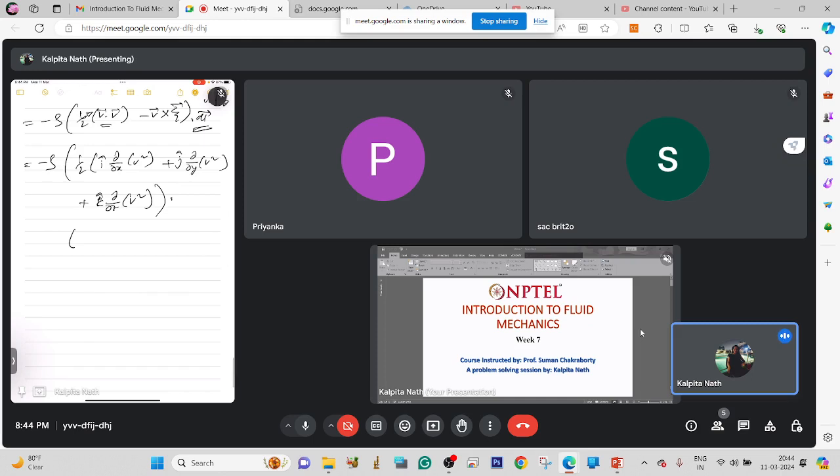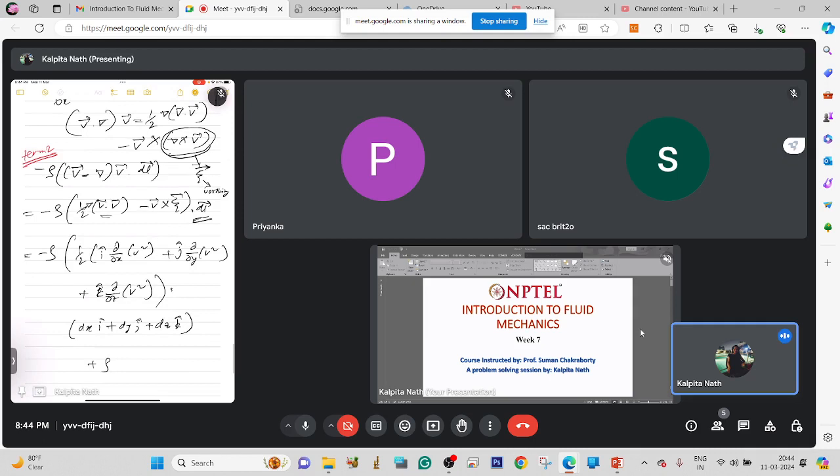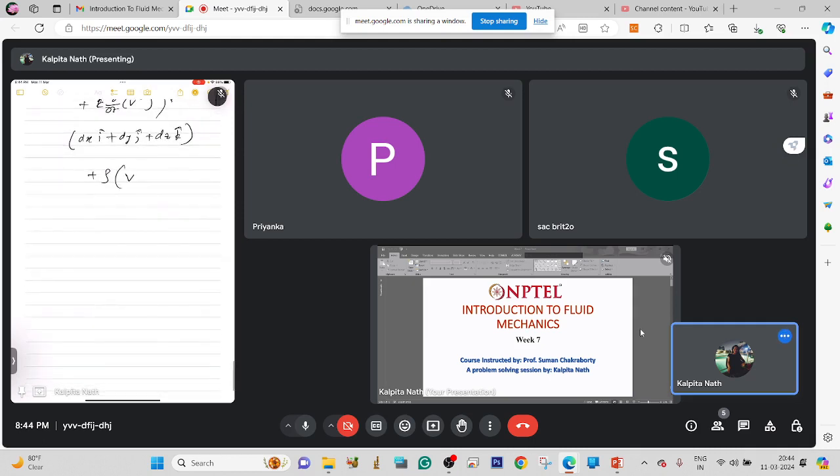So how can we write that up? This line vector means dx i cap plus dy j cap plus dz k cap, plus this density multiplied by this one. So this can be written as v vector cross zeta vector multiplied by dl vector, the line vector.